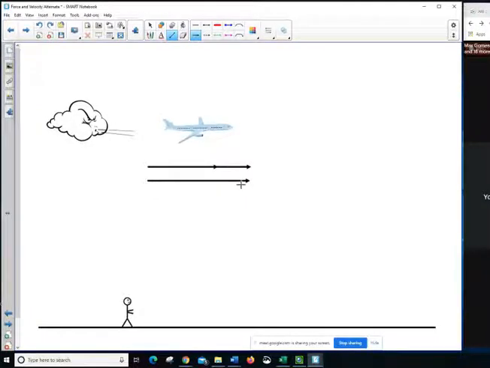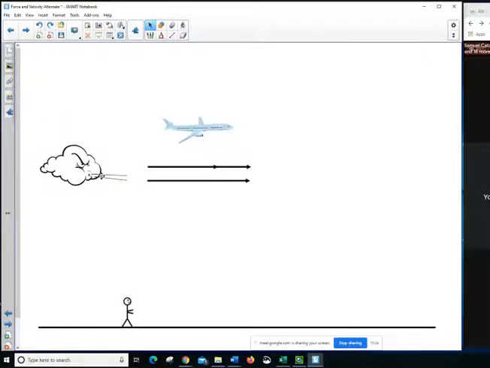All right, this is why we call the resultant velocity the ground velocity. So what someone on the ground would perceive as the velocity of the plane. But of course, the wind's not always blowing in the same direction, it might be blowing, say, at an angle.